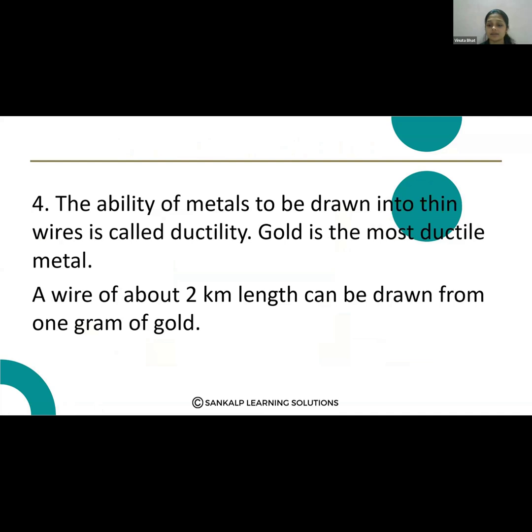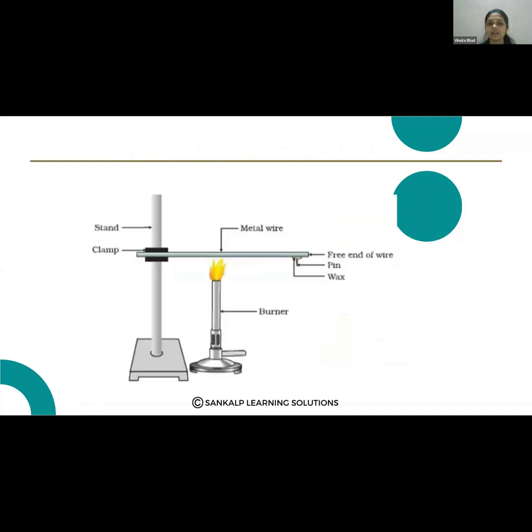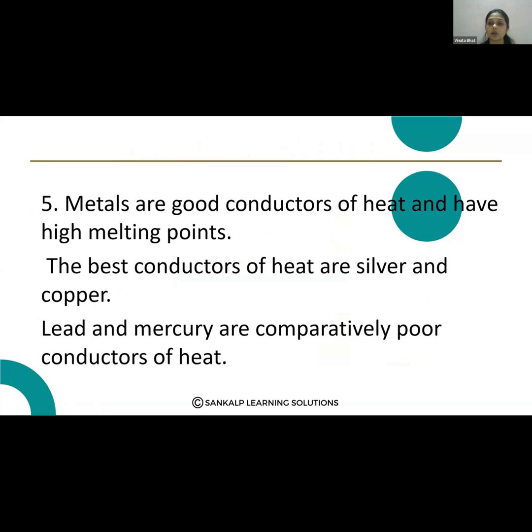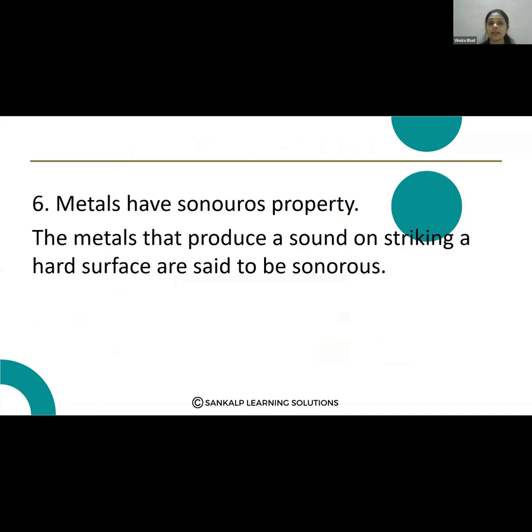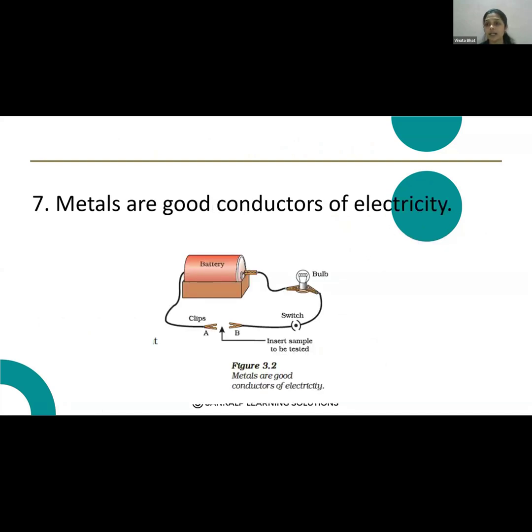Then they are good conductors of heat, and they have high melting points. Metals also have the sonorous property, that is, they make a sound when they strike a hard surface. Then metals are good conductors of electricity. So these are seven important physical properties of metals.